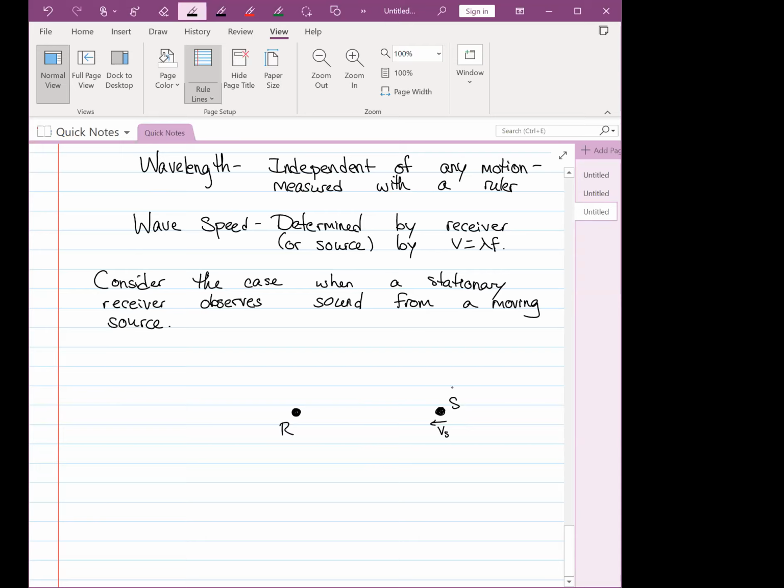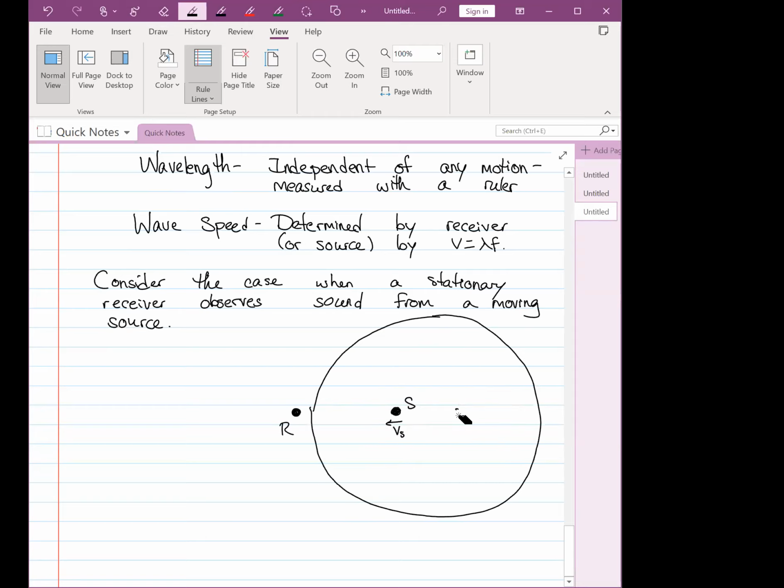So what the sound waves are going to look like is, well, the first sound wave was emitted, say, back here. So it would have traveled the furthest. Let me fix this drawing a little bit. Let me put this a little bit closer. So the first wavefront may have been emitted, say, here.